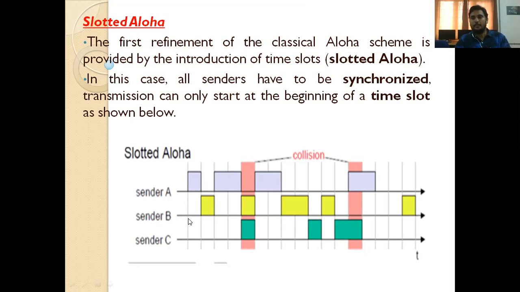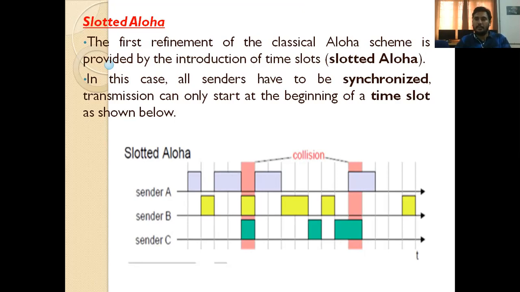For example, if sender A wants to transmit data, he starts at 9 a.m. If sender B's data is ready at 9:15 a.m., he wants to send the data packet, but he waits until the beginning of the next slot.